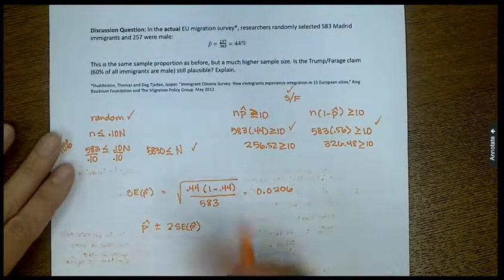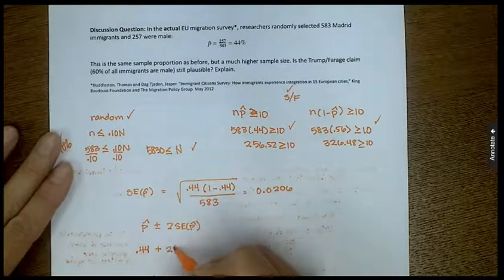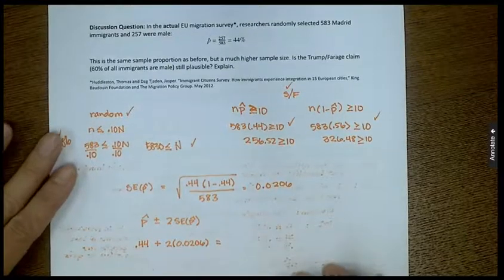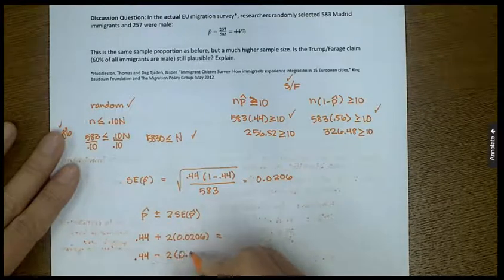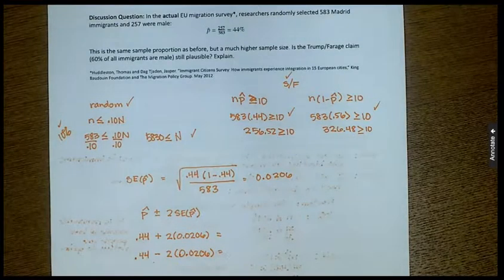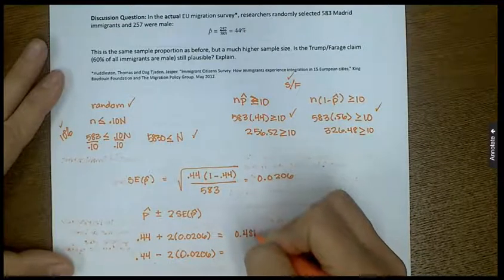So now we're going to do 0.44 plus 2 times my standard error, which is 0.0206. We're going to see what that top end looks like, and then we're going to do 0.44 minus 2 times 0.0206 and see what the bottom end looks like. So 2 times 0.0206 plus 0.44 is giving me 0.4812.